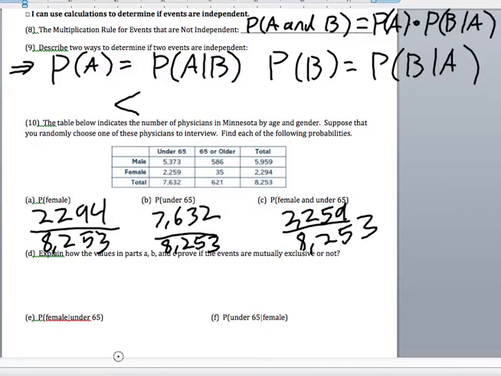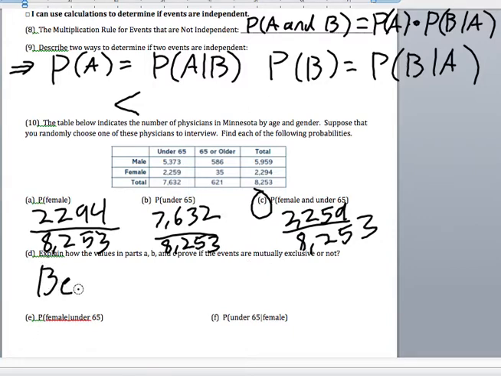Explain how the values in A, B, and C prove if the events are mutually exclusive or not. Well, if they were mutually exclusive, nobody would belong to both categories. However, as we can see, there are some people that are female and under 65.